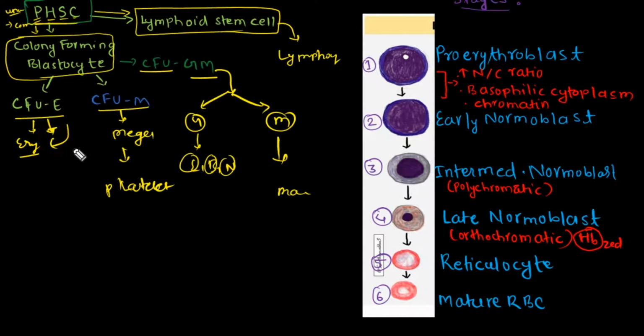Now after this commitment, the erythrocyte line is committed, and growth factors come and stimulate the different stages, which are shown in this slide. Let's talk about the important things that happen in the stages. First we have the proerythroblast, a basophilic stage with bluish cytoplasm and a high nuclear to cytoplasmic ratio, with chromatin and a few nucleoli.